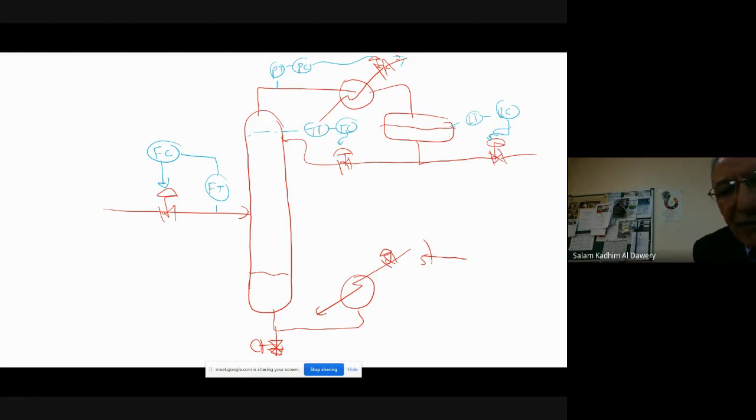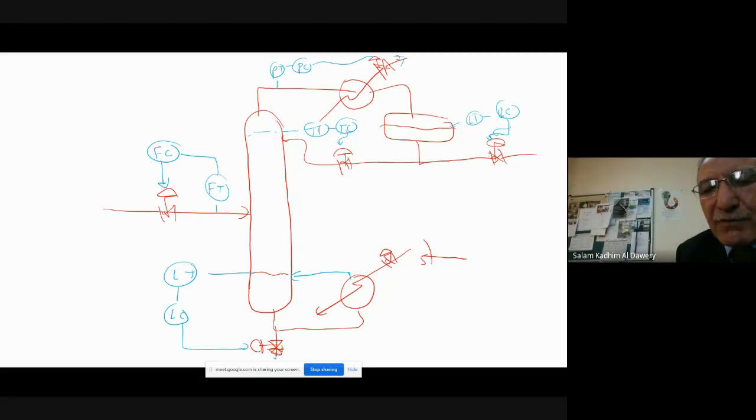Here we have the level transmitter at the bottom, because this is where the steam comes back. Level transmitter, level control, and thus controlling the output. Similarly, for the temperature of the first tray, temperature transmitter, temperature control, and it goes to the valve.